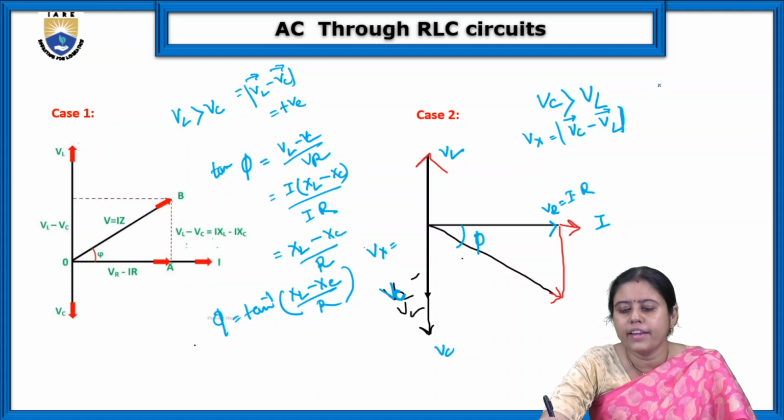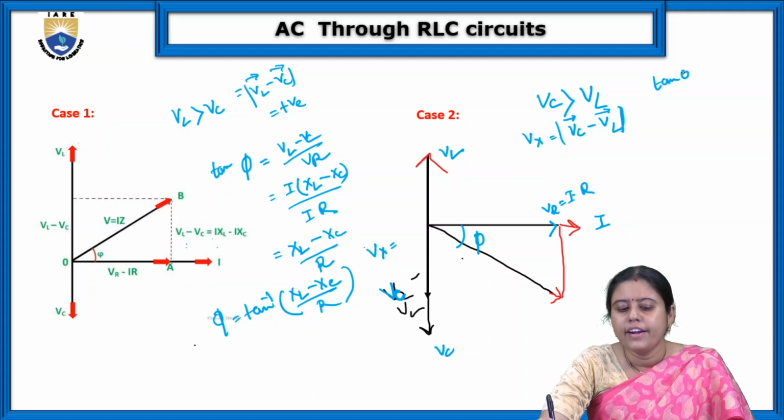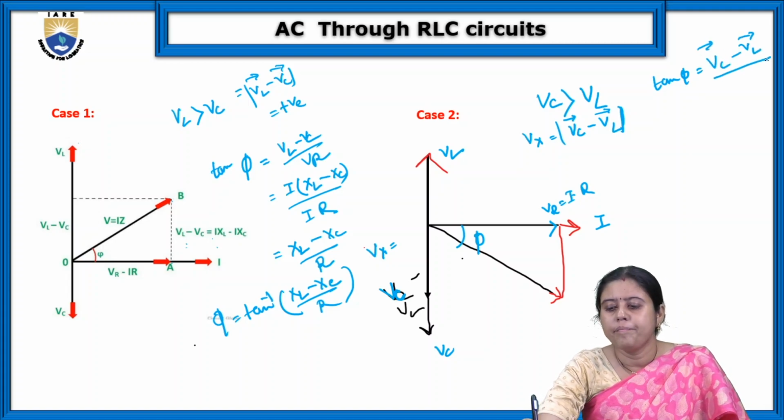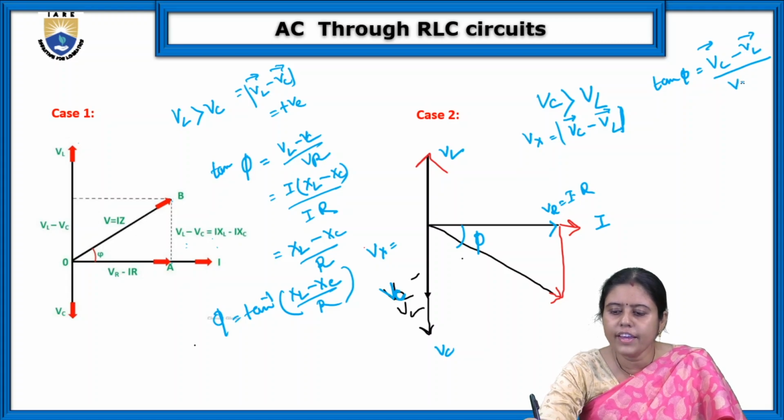So what is tan phi? Tan phi is equal to VC minus VL by VR.